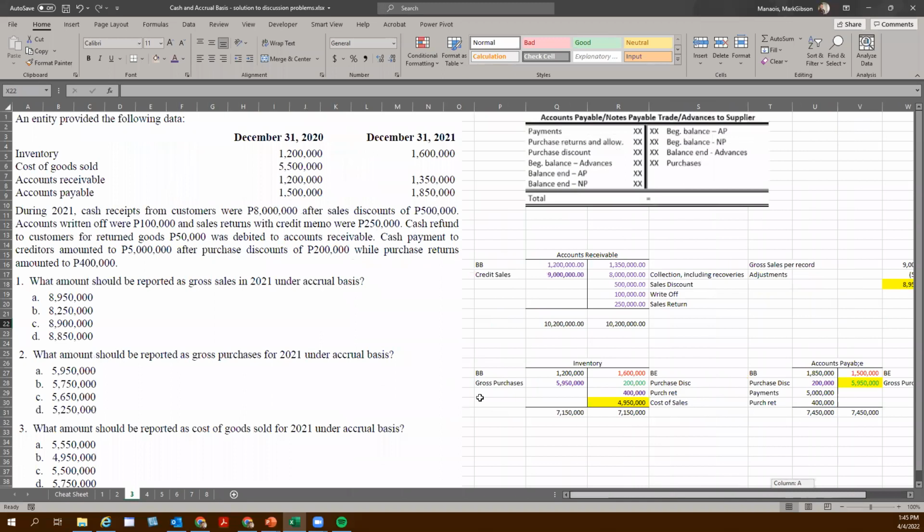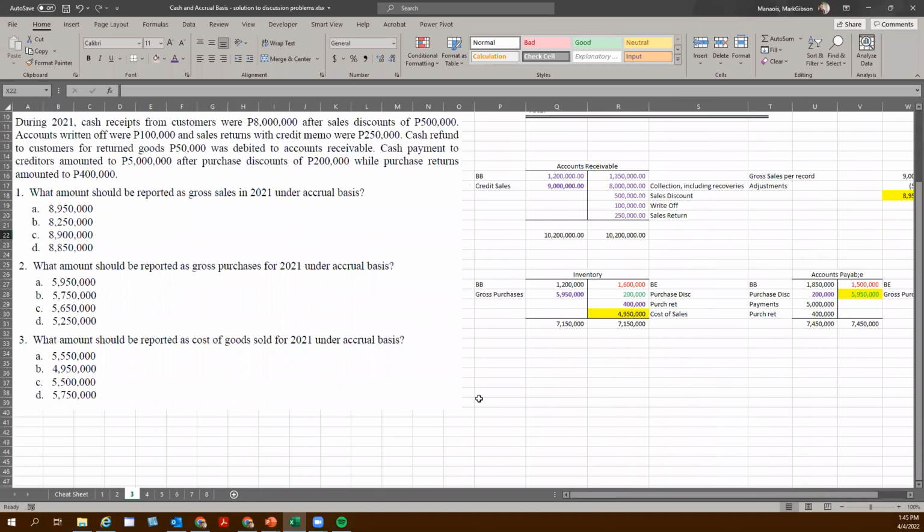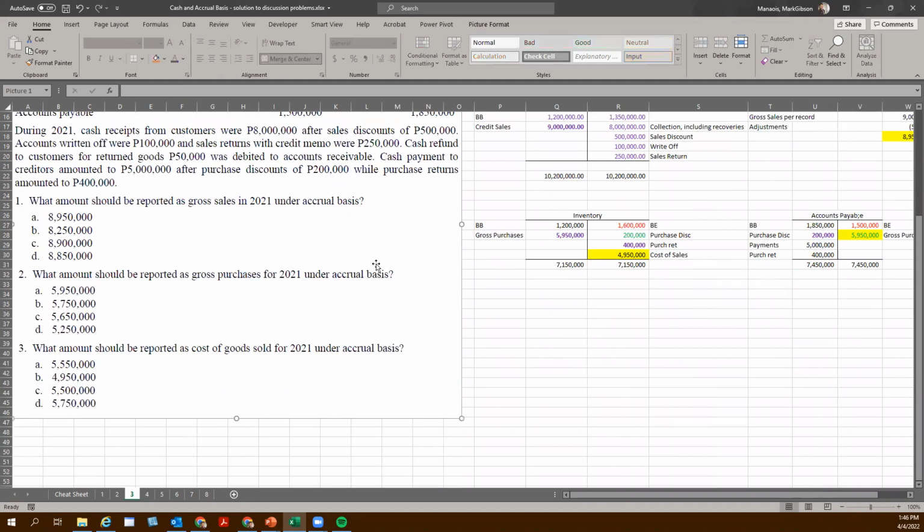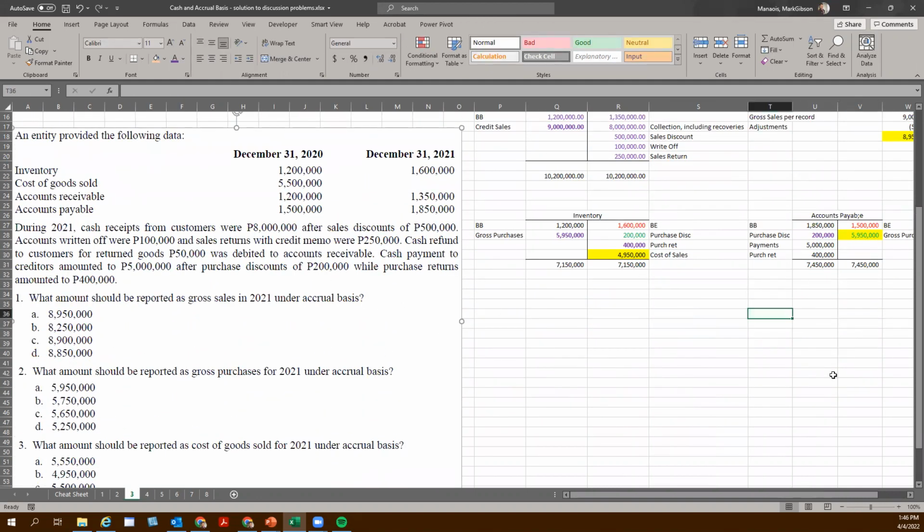Okay, so let's go to requirement number 2. In requirement number 2, what we are asked to find is gross purchases for 2021 under the accrual basis. Of course, in order for us to get that, we need to look at our accounts payable. So let's plug all the data.